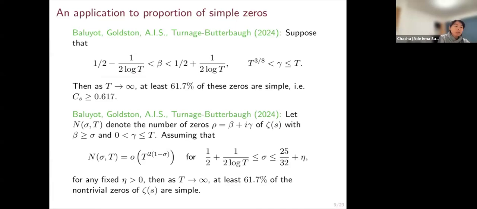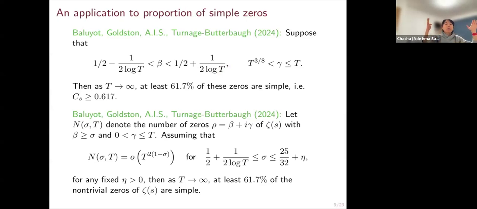And therefore, it's enough to just assume that whenever you pick a t, so you do this pair correlation of zeros, you pick a t, and then with respect to that t, you take a box. So from t to the 3/8 up to t, and with width 1/2 log t with the same t, around the half line.